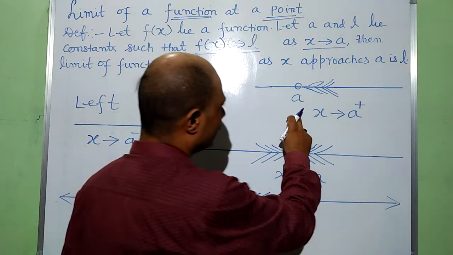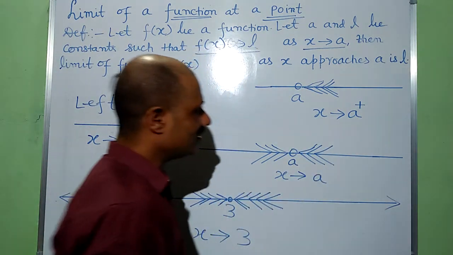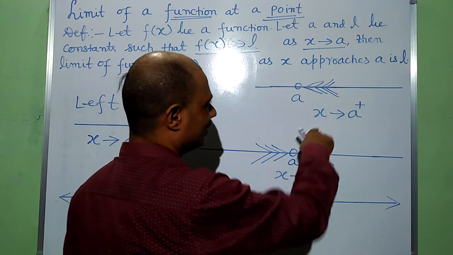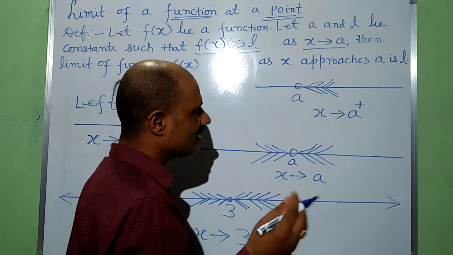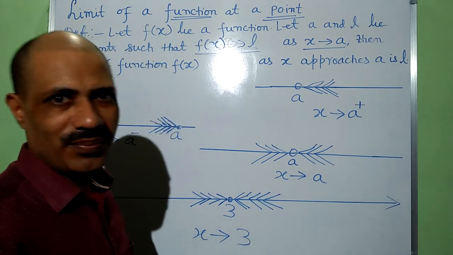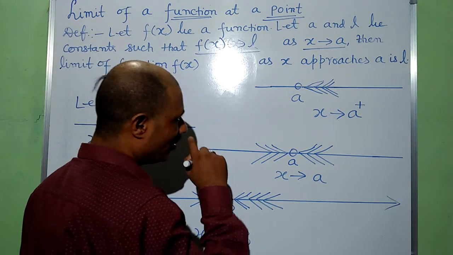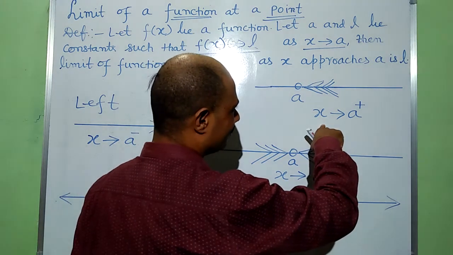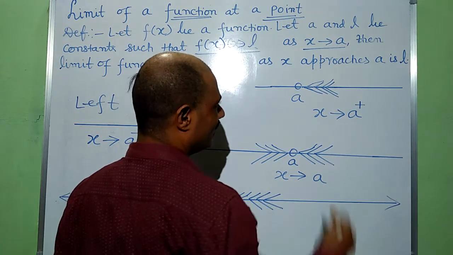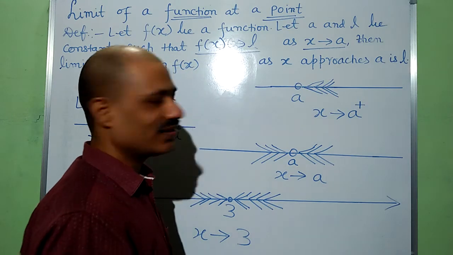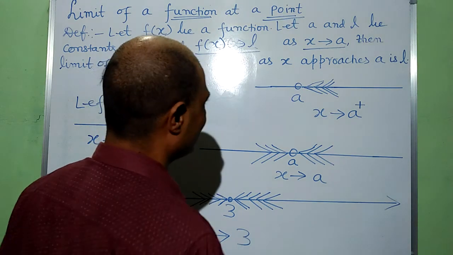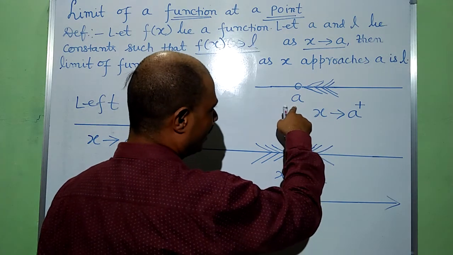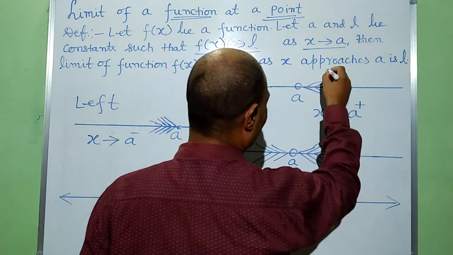Here, the value of x is slightly greater than a, as small as we please. So x is approaching a from the right side.